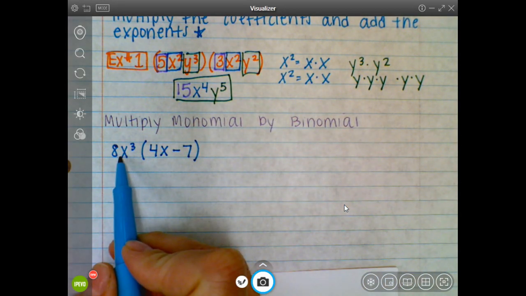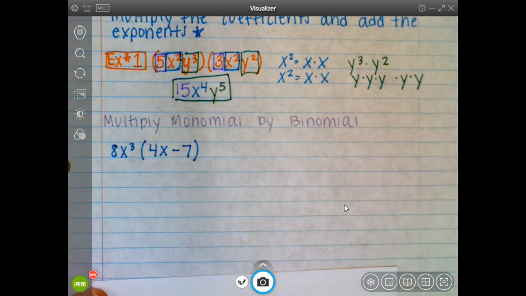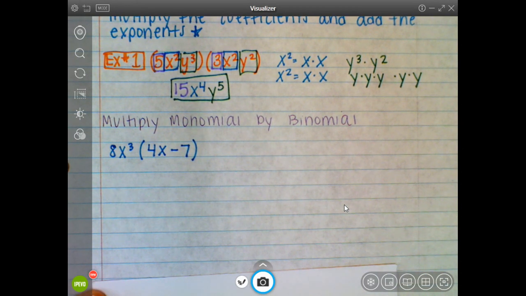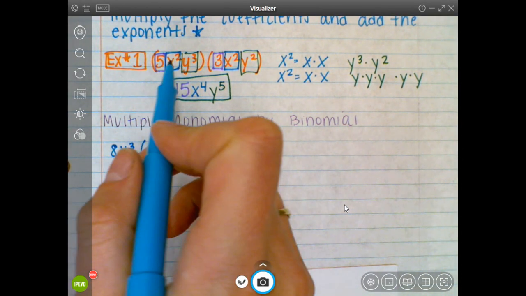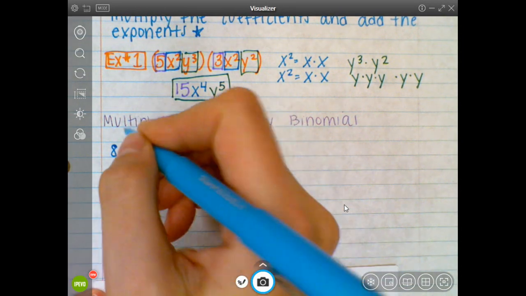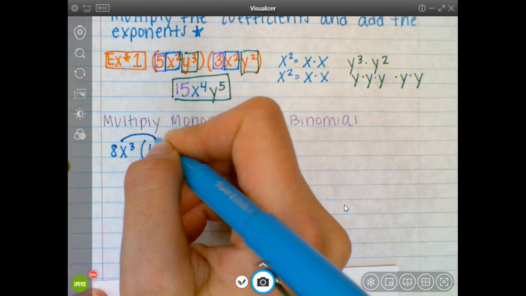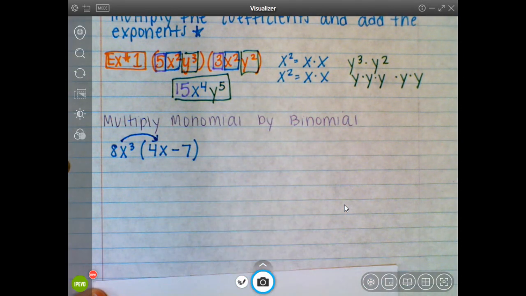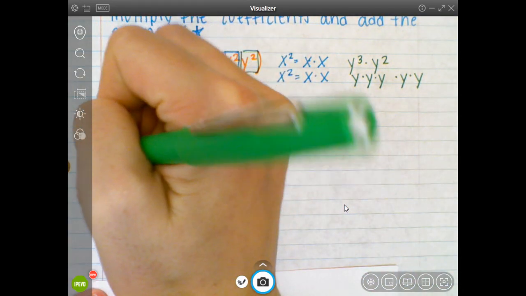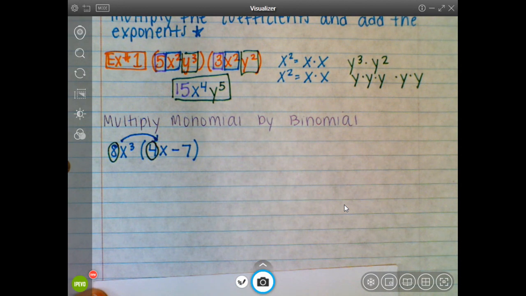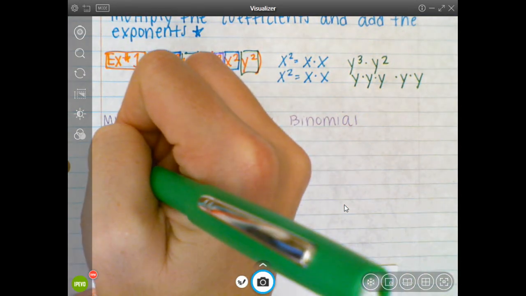So notice 1 term times 2 terms gets a binomial. So this is just distribution using the same methods that we used up here. So I'm going to first multiply 8x to the 3rd times 4x. So I'm going to multiply my coefficients 8 and 4. 8 times 4 is 32.